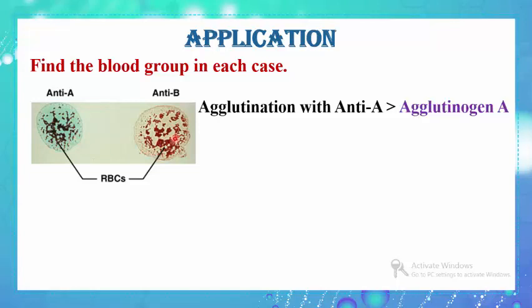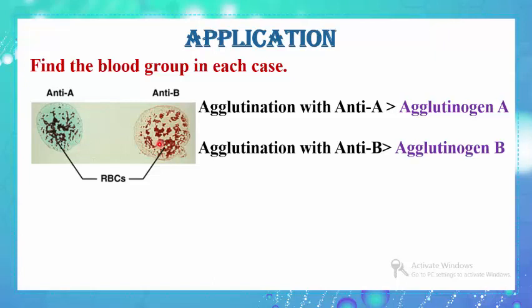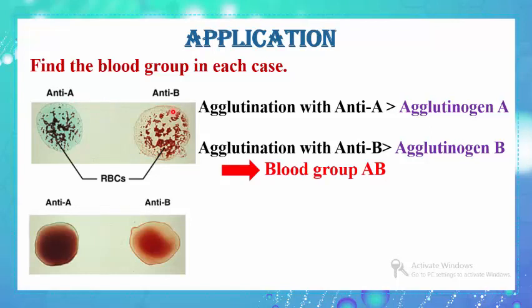Also, if I look at the second one, we observe that agglutination exists. Due to the presence of agglutination in the two, with anti-A and anti-B, this means that these red blood cells have on their membrane agglutinogen A and agglutinogen B. Thus, the type of blood group is AB.